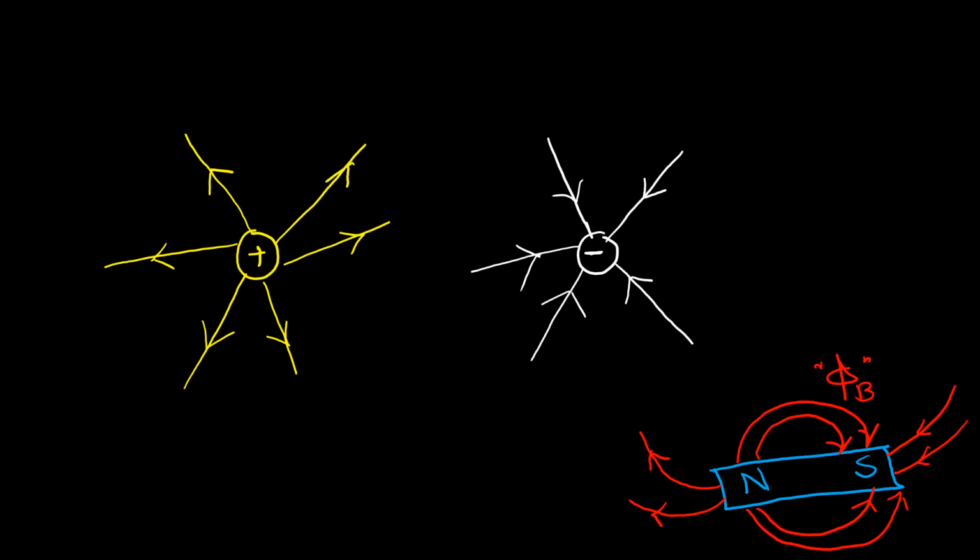Now, you know the basic principle of physics that like charges repel each other. Suppose we have two positive charges, these charges will repel each other. Similarly, two unlike charges, like a positive charge and a negative charge, attract each other.